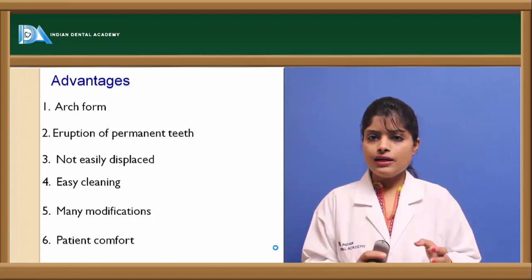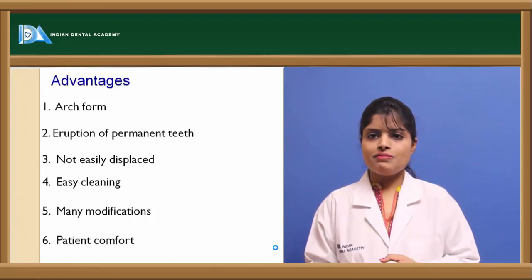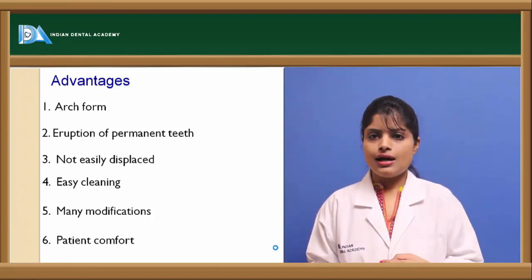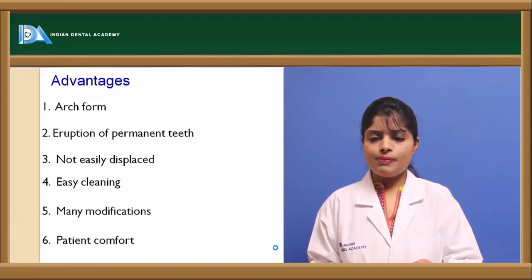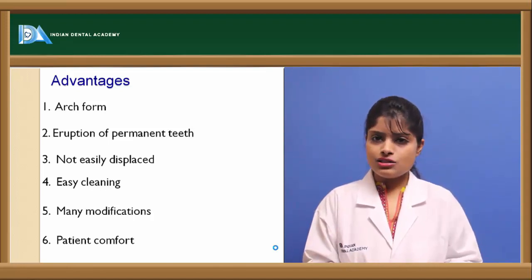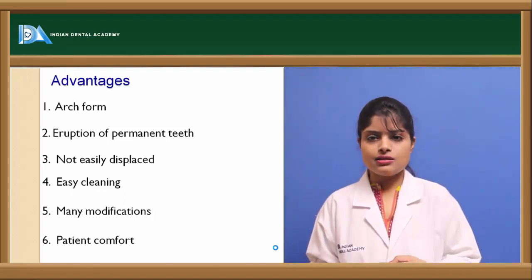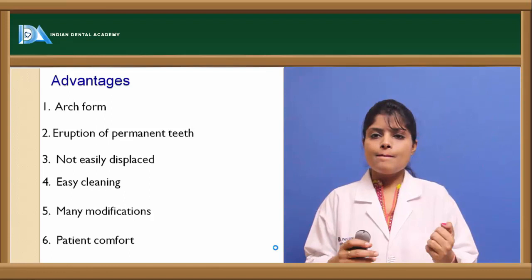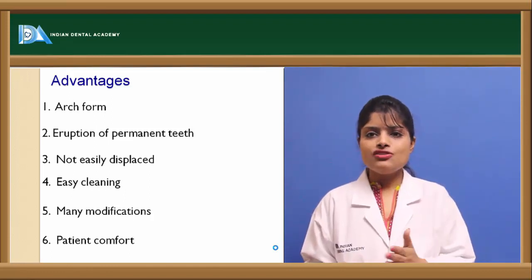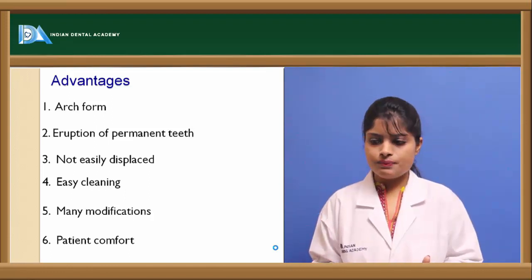It is a fixed type of appliance which can be functional in nature and can either be active or passive. It is a bilateral appliance, that is, it can be used in the case of multiple or bilateral loss of teeth.